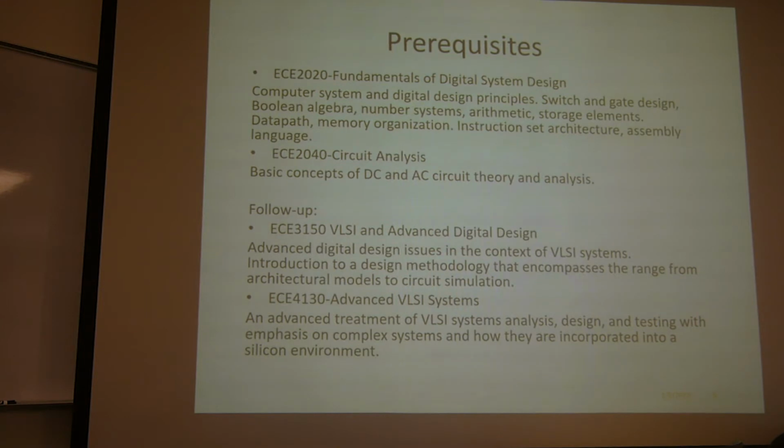From there, you have learned the digital system basics, like logic, NAND and NOR logic, and Boolean algebra, and the basic organization of the computer system, like the data path, memory, and the instruction set architecture, and so on. Those will be the foundations for this course. And also you have learned the basic circuit theory from 2040, and basic concepts of DC and AC small signal analysis.